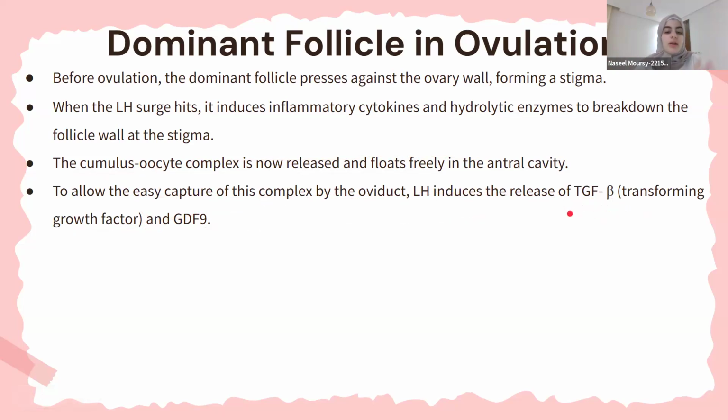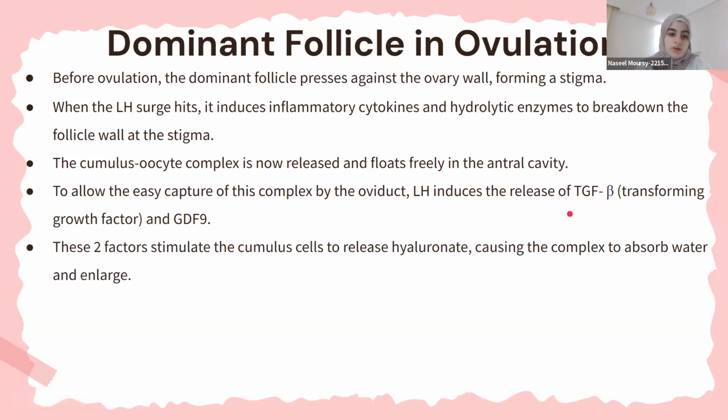But the point is, when these cytokines are released, you get the release of hyaluronic acid from the cumulus cells. Now, water is attracted to hyaluronic acid, and so this complex starts absorbing water and it enlarges. So this gives it a better chance to be captured by the fimbriae.